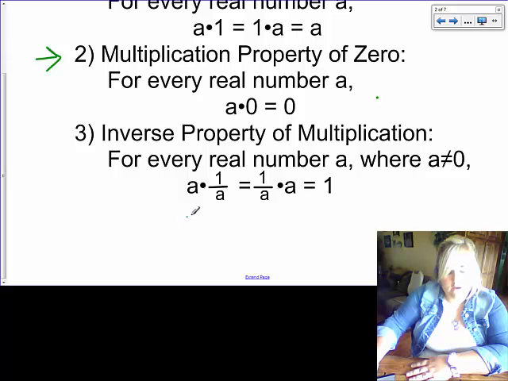If I had 3, I know that all of you know the reciprocal of 3. I know that 3 is 3 over 1, so its reciprocal would then be 1 over 3.